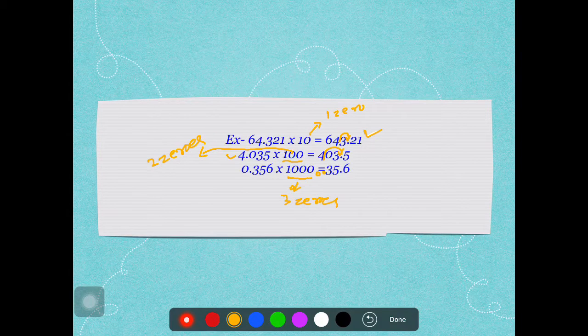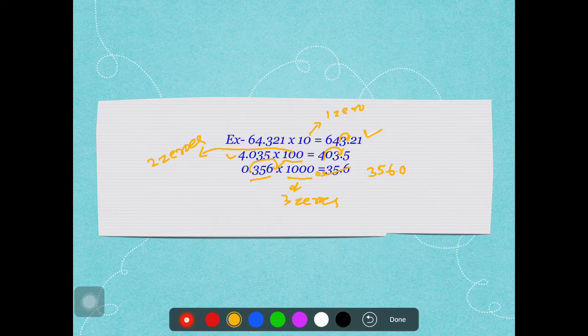Okay, there is a mistake here. It will actually be 356. Just as we have to multiply by 1000, we have to move this decimal 3 places towards right. That means 356.0, that is equal to 356, we can write it also as 356.0.